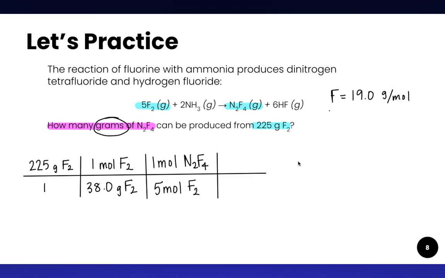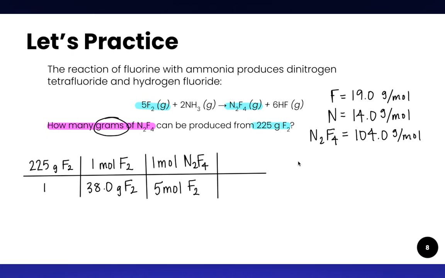Okay, so the molar mass of nitrogen is 14. Dinitrogen tetrafluoride is equal to 104.0 grams per mole.